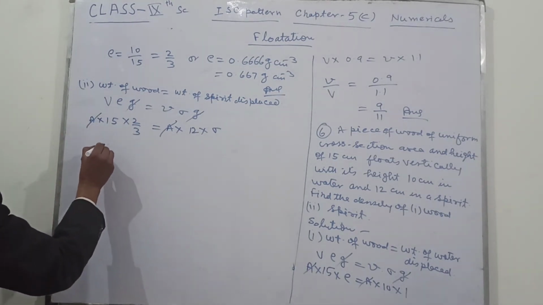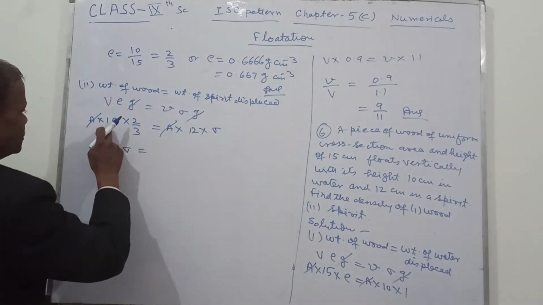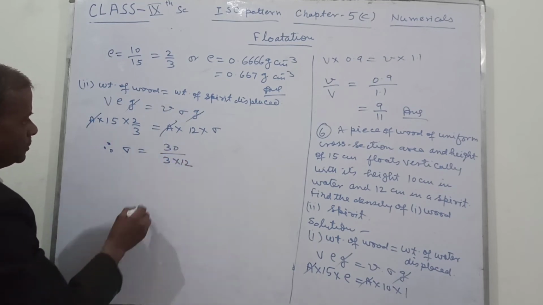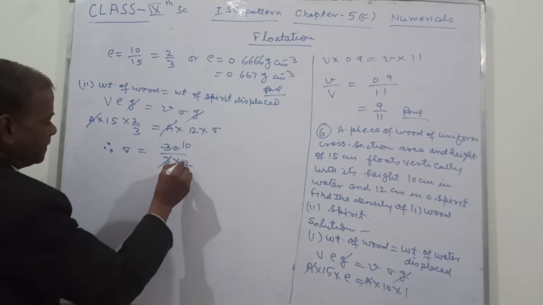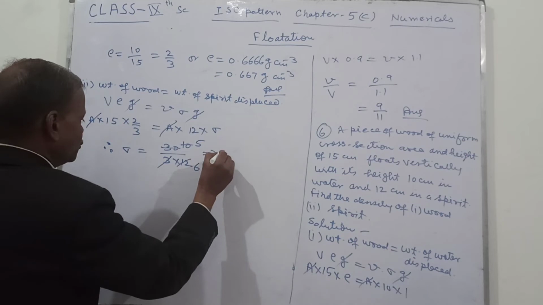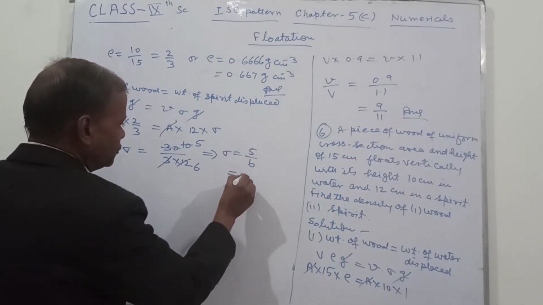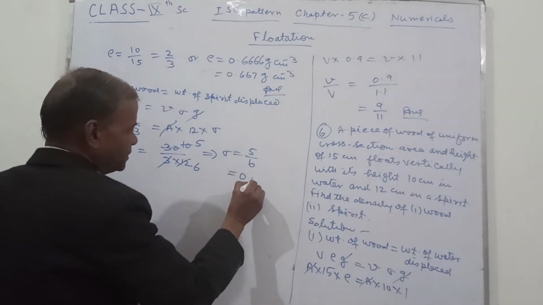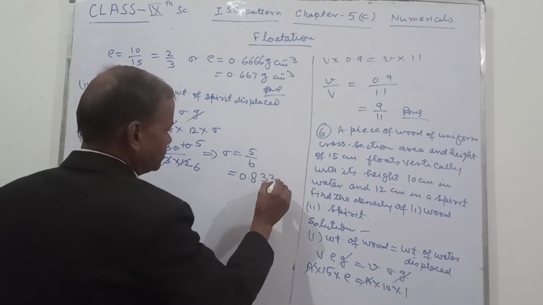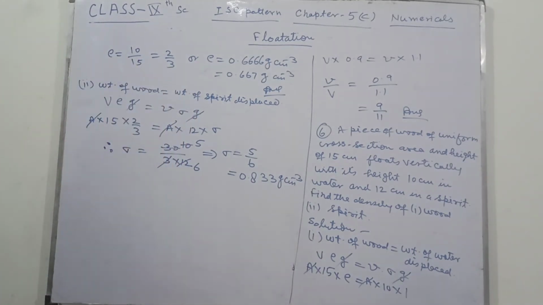So sigma is equal to 30 upon 3 into 12, which is 10 upon 12, which is 5 upon 6. So 0.83 gram per centimeter cube. This is now question number 6.